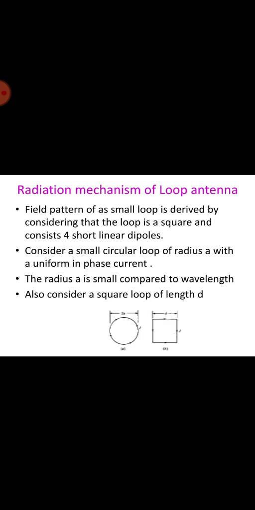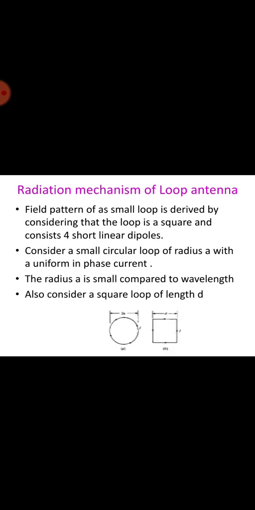In this way, the loop can be treated as four short linear dipoles whose properties we know already, and the area of the square loop is the same as that of the circular loop, such that d squared is equal to pi a squared.